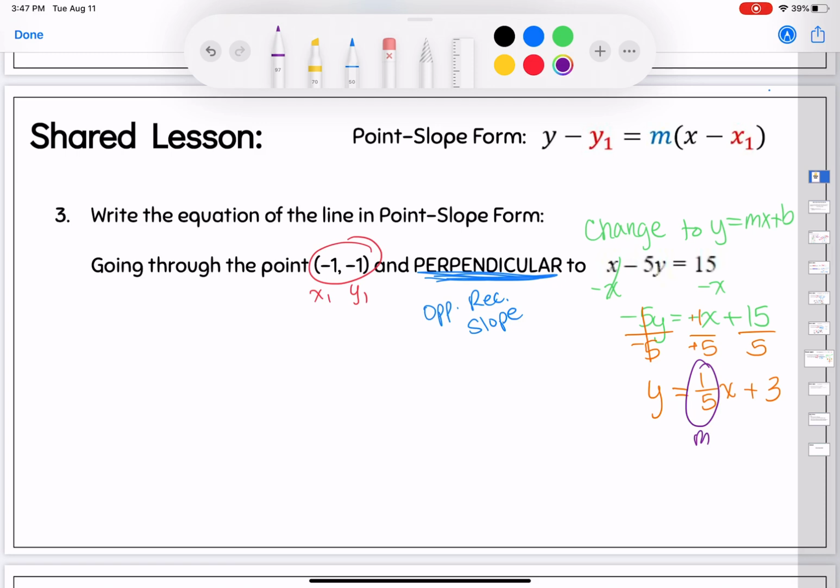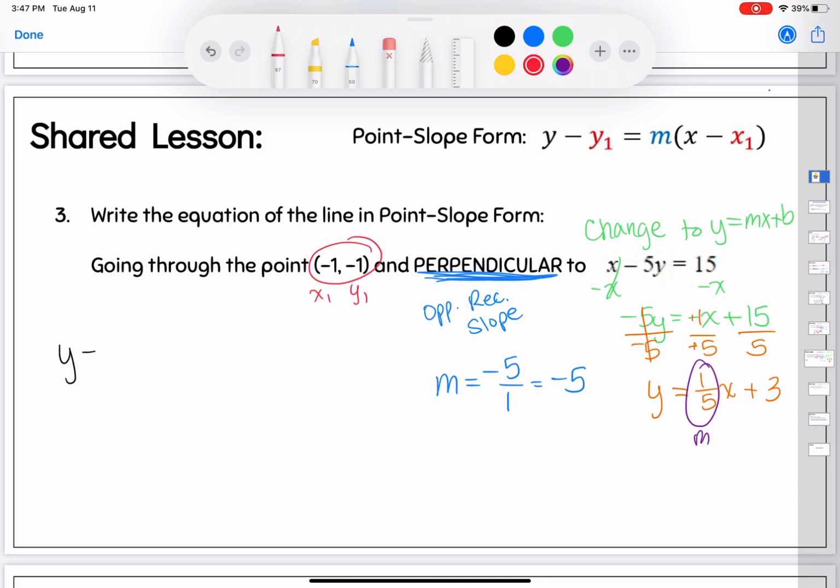If I need perpendicular slope, opposite reciprocal slope, my new slope would be -5 over 1, which equals plain old -5. All right, now I have my slope and my point, so I'm ready to roll here.